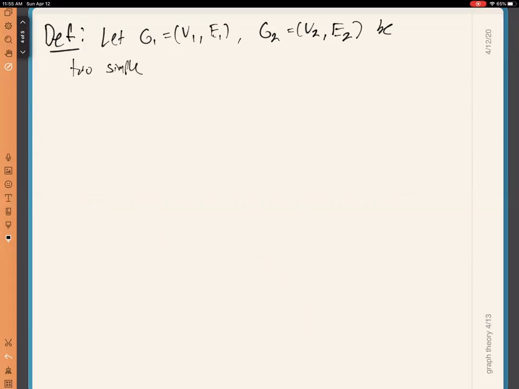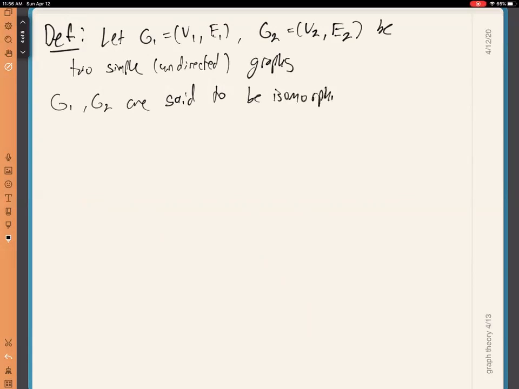And let's say they're undirected, although you can make this work for directed graphs also. Okay, and so these two graphs are said to be isomorphic, meaning the distinguishing features are the same, if the following condition holds.